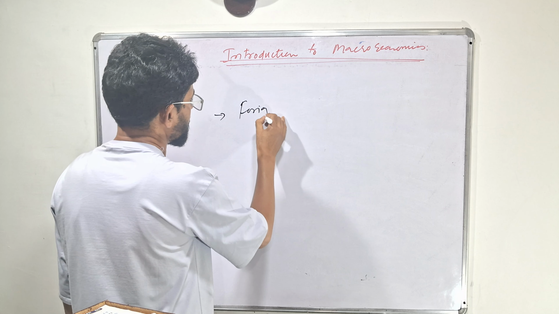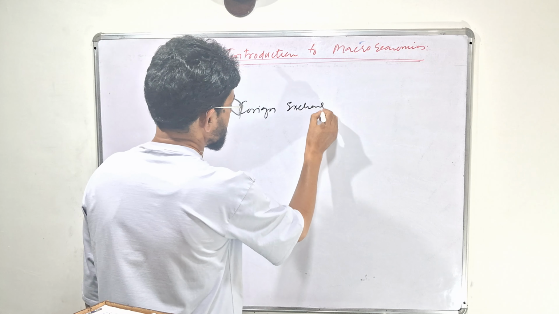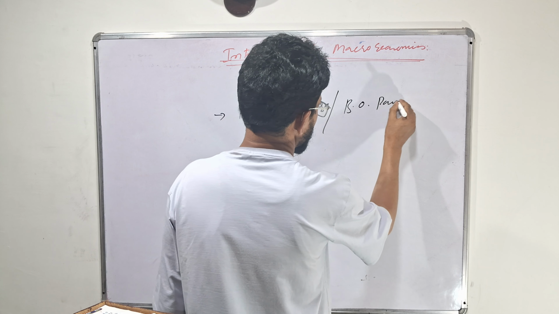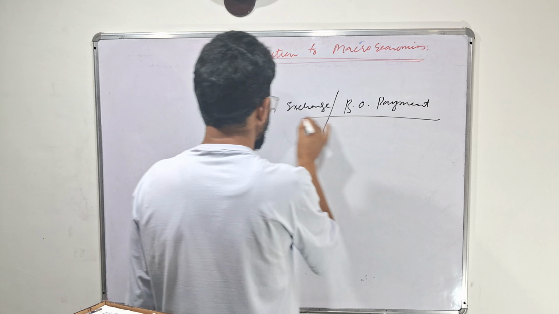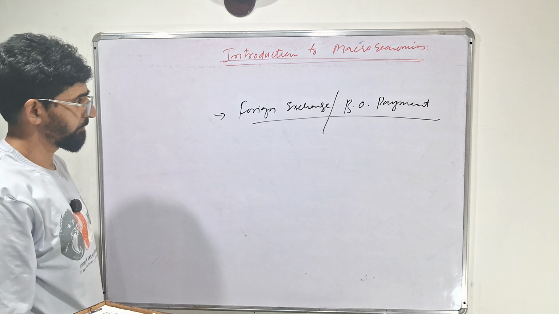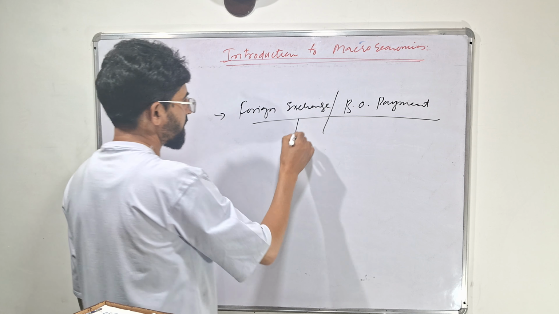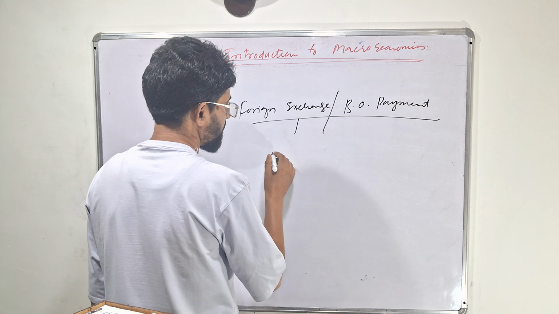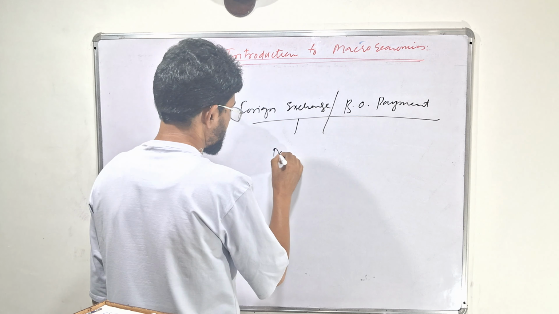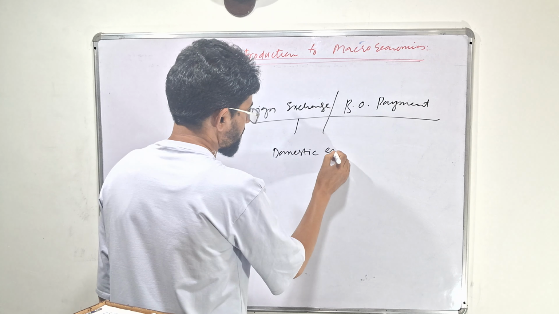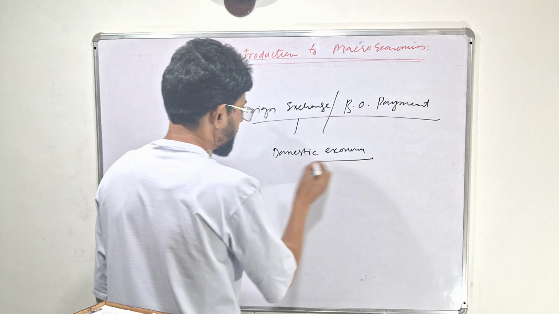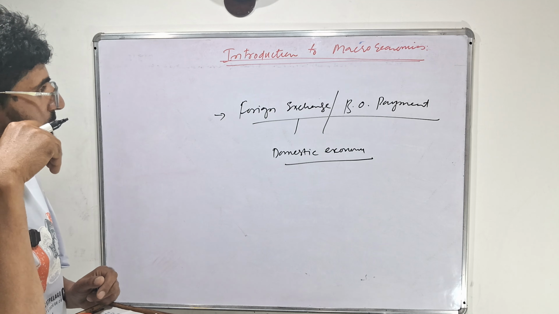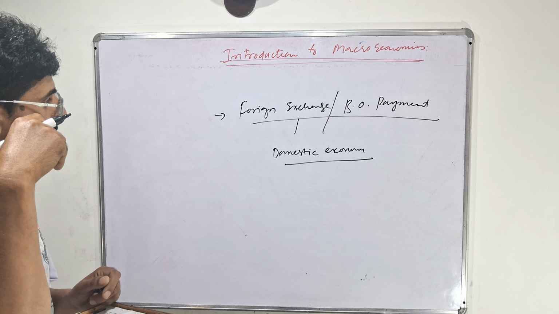Not only do we try to understand these variables in macroeconomics, we also try to understand foreign exchange and balance of payment. What is the impact of foreign exchange rate or balance of payment upon the domestic economy?